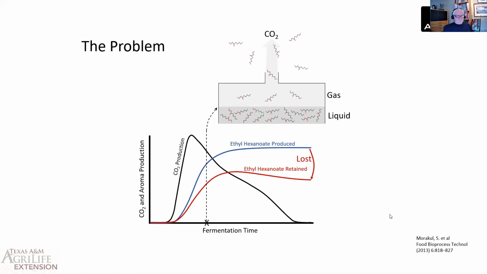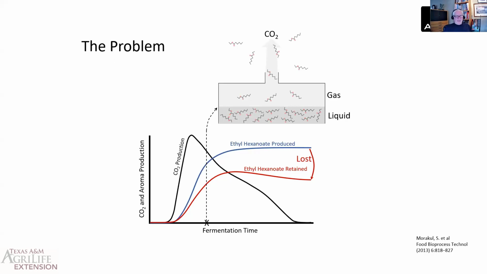So in this graph, we see the ethyl hexanoate, the blue line that is produced, is nowhere near the ethyl hexanoate that is retained in the wine, the red line. What's happened to it? Well, most of it's due to this phenomenon of CO2 aroma stripping. So we lose quite a bit of the aroma during fermentation from this simple mechanism.